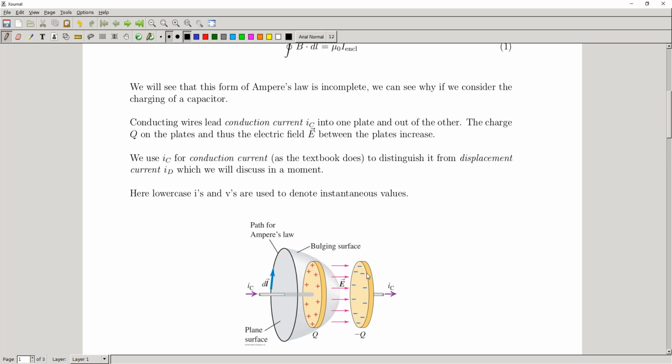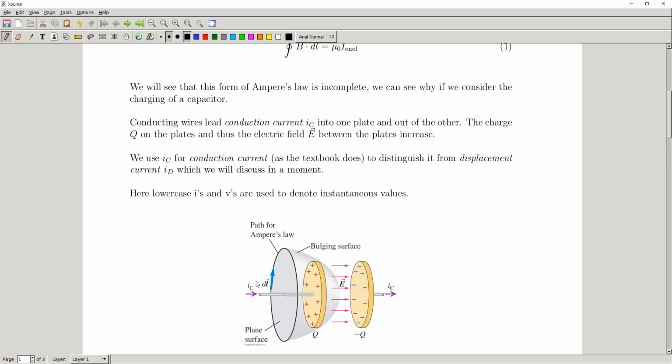So when we look at this setup, and this is the setup that's going to demonstrate the breaking of Ampere's law, we see I_C coming along this wire, and it's moving positive charge onto our capacitor plate, and we have another I_C bringing positive charge off the other capacitor plate, and what we're looking at here is the charging of a capacitor, right?